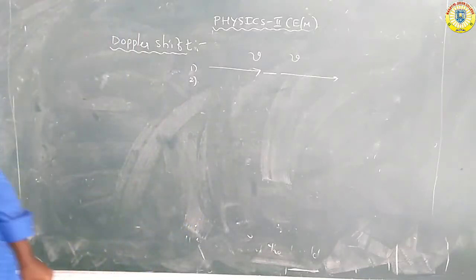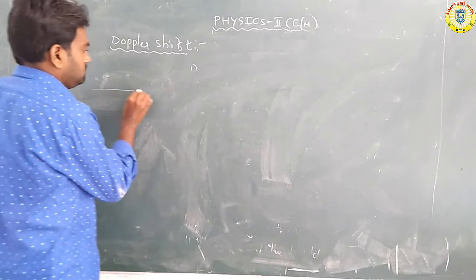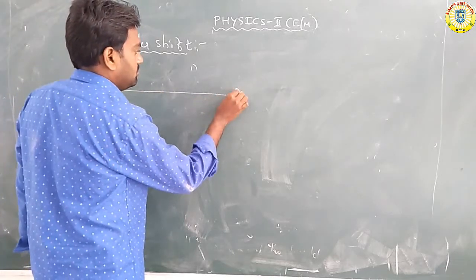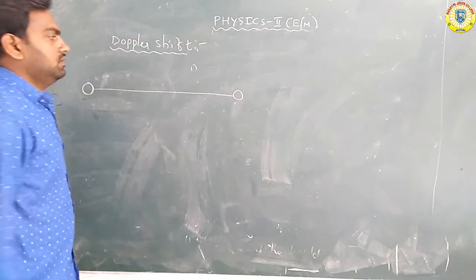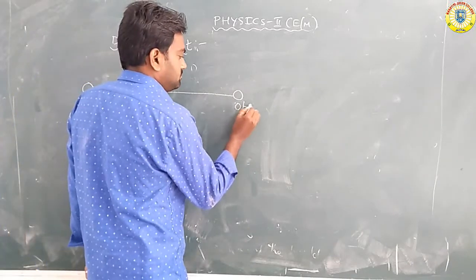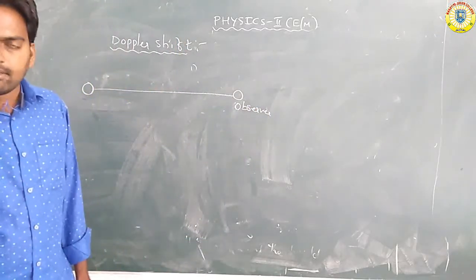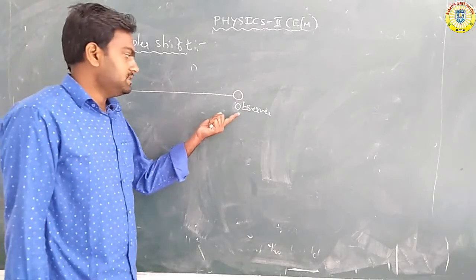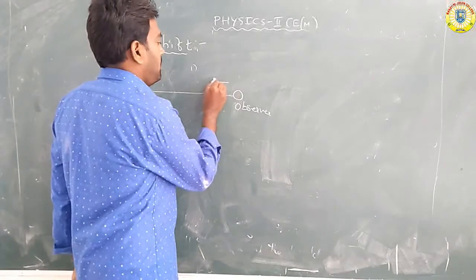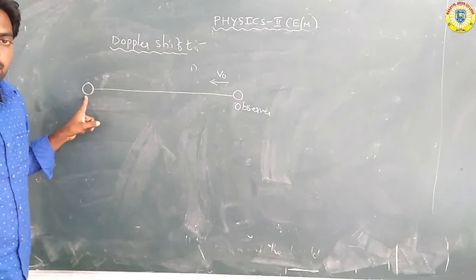So the first case, here the observer, or listener, the person who is listening. Okay, the observer is moving with velocity v0 towards the stationary source.